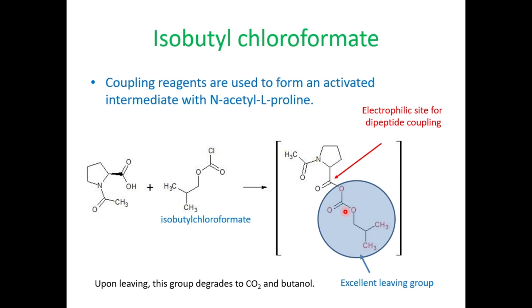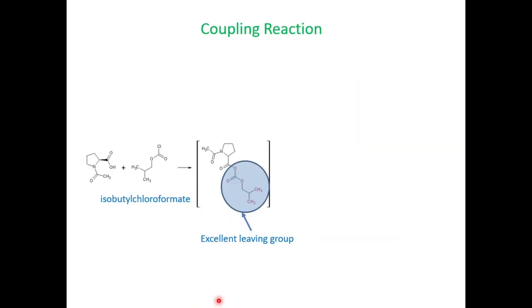This will be nice and reactive to react with our phenylalanine. And here is the electrophilic site, the carbonyl carbon, for a dipeptide coupling reaction. Just so you note, when it does react with the phenylalanine, this leaving group will leave and it will degrade into carbon dioxide and butanol.